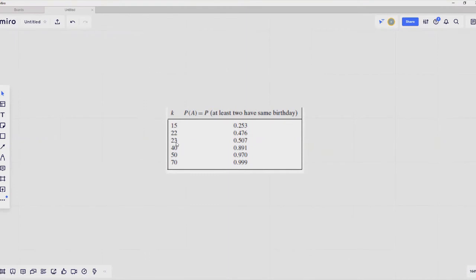So if we have 23 people in a room, then the probability that at least two of them have the same birthday is equal to 50%. You can see other interesting results here. We only need 70 people to get 99.9% probability of at least two people having the same birthday.